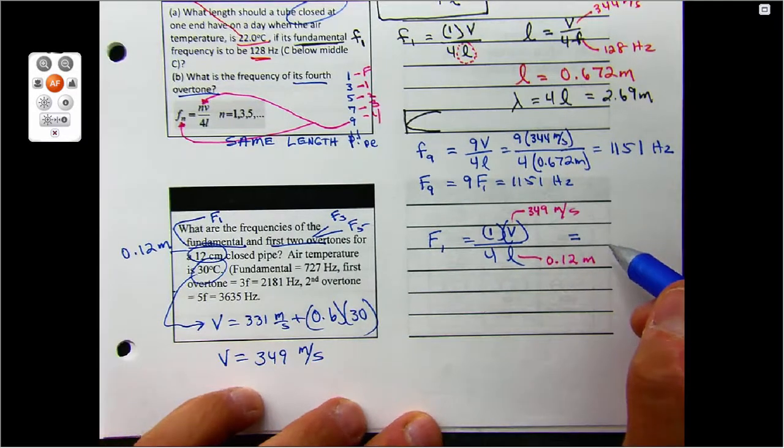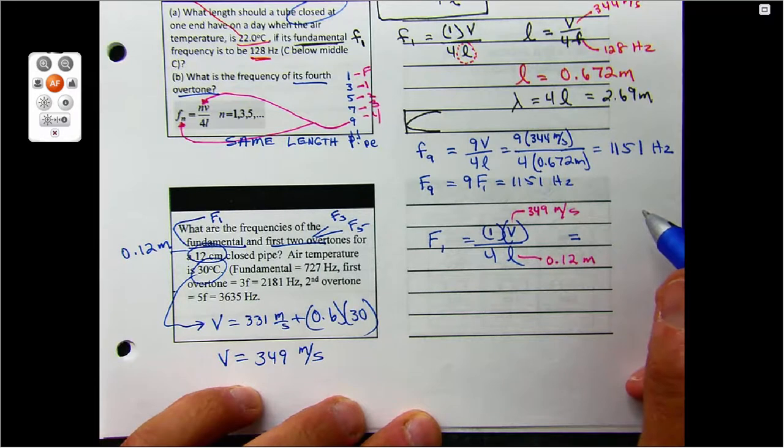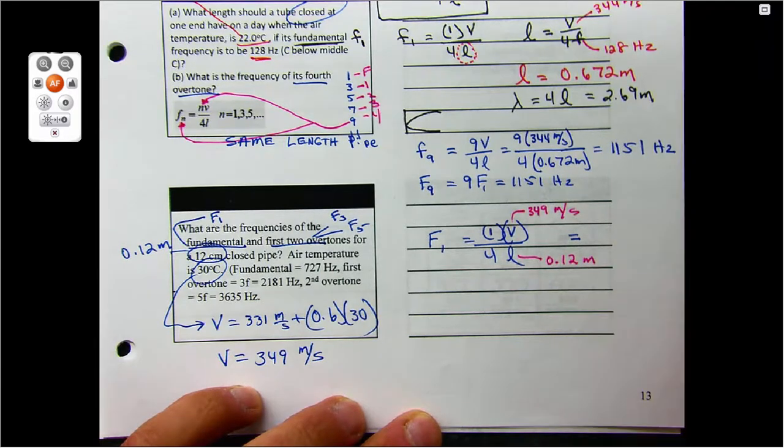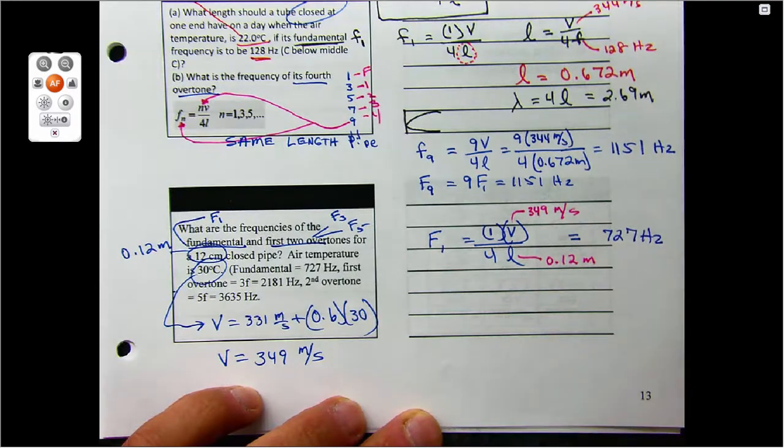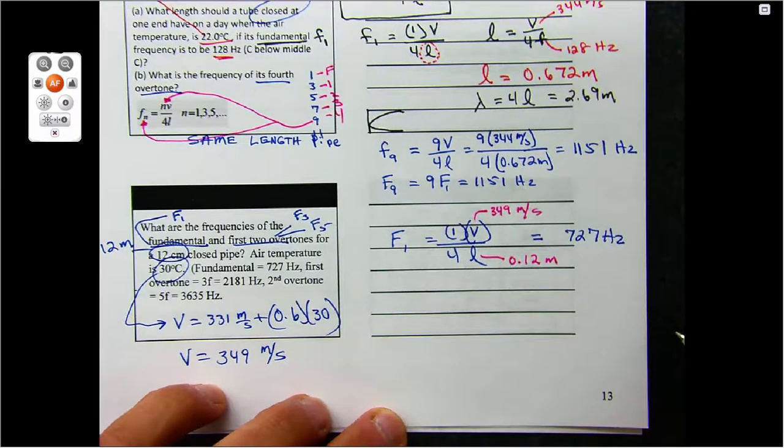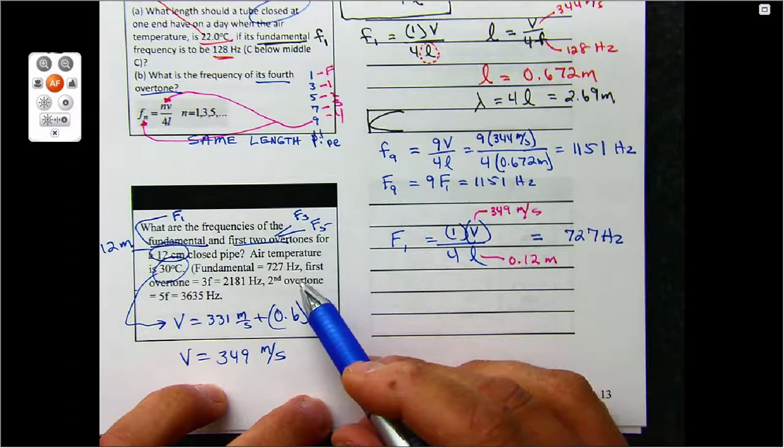So this is going to give us what? 727? Is it around 27? No? 727? Oh, it does say it right here, but maybe I typed that in wrong.